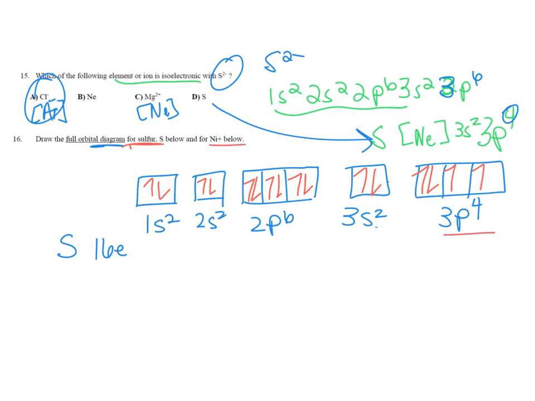Okay, and then nickel +1. Like I said, I like to go with nickel first and then take the electron away. So when we look at nickel, we have 28 electrons. And that's also why I picked nickel +1.